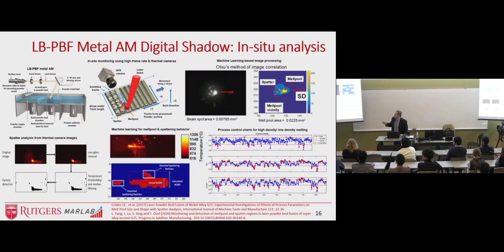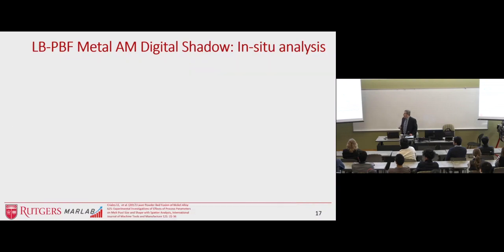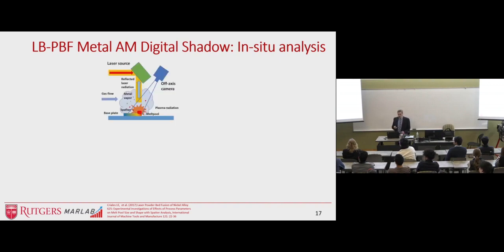Those statistical control charts are set with a lower limit and upper limit and center of the data, and then the violations are recorded. So there's no major violation here, but you can see that even with this optimal, commercial process parameter set, there are some deviations, and sometimes the process goes a little bit off, and that is the time when the defects can occur, like pores, and then you get convection mode, evaporation type of things.